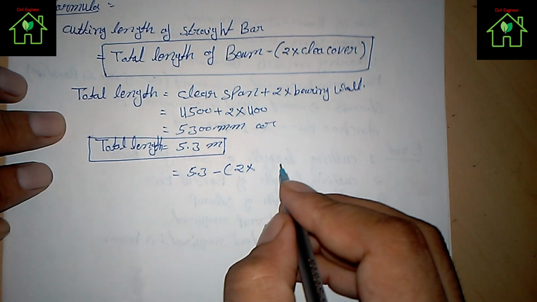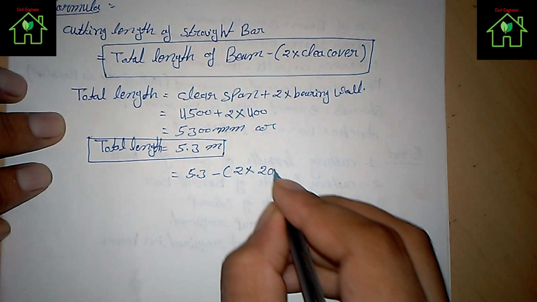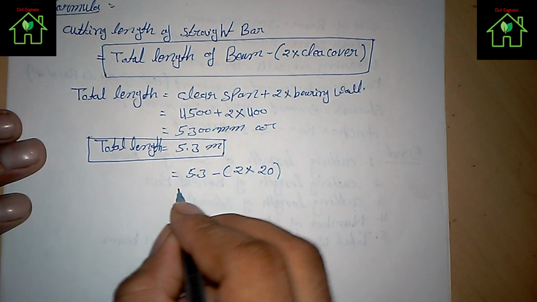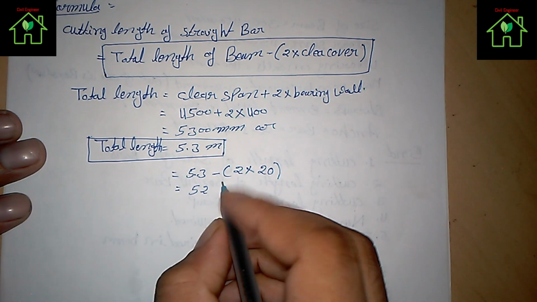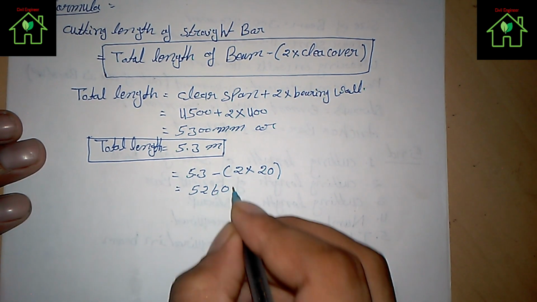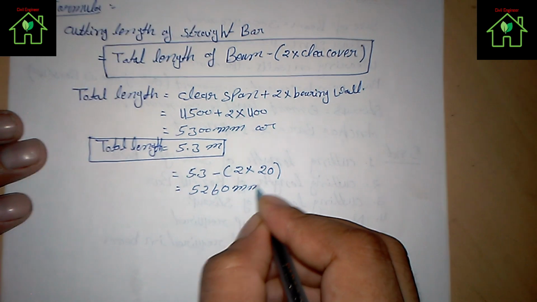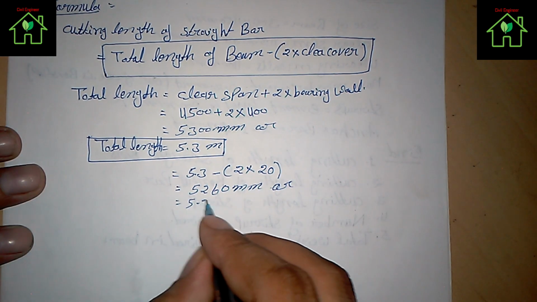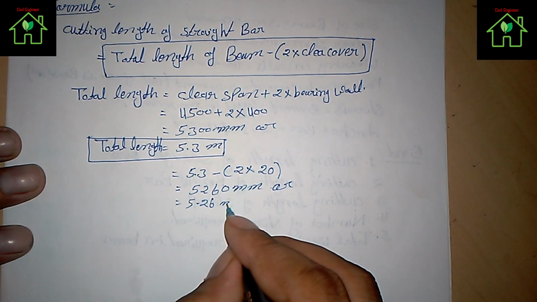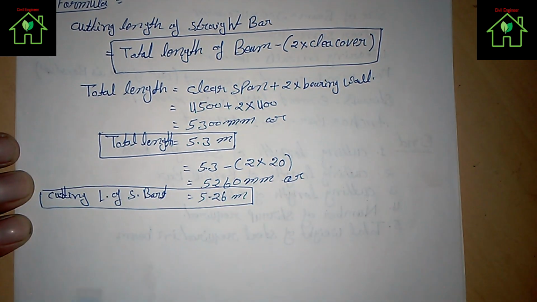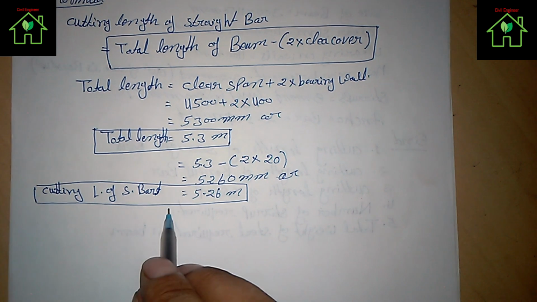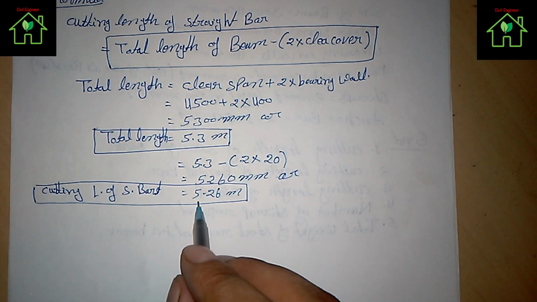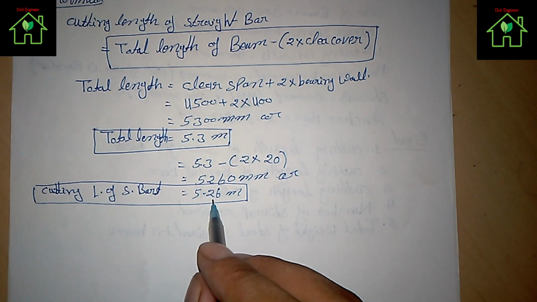What is the clear cover? Clear cover is 20. After the calculation, we will get the value 5260, 5.26 meter. So the cutting length of straight bar is 5.26 meter.